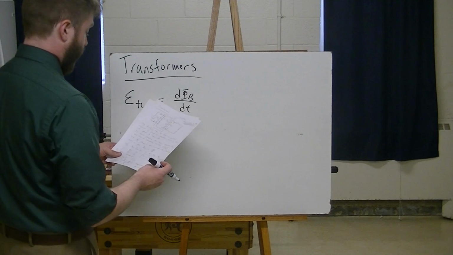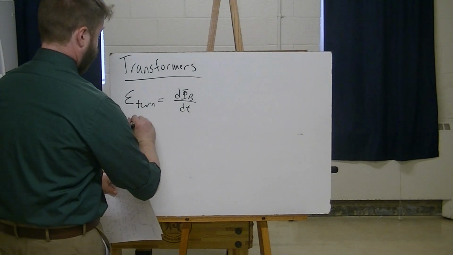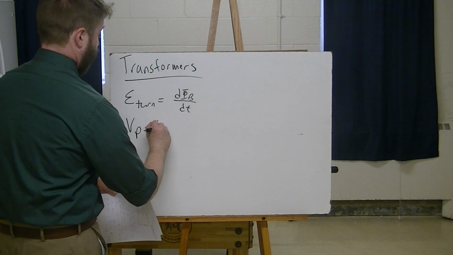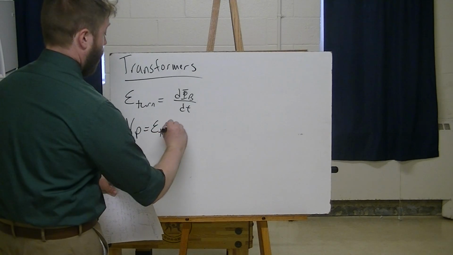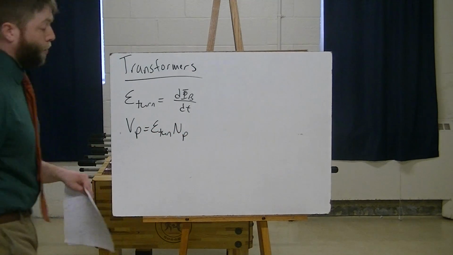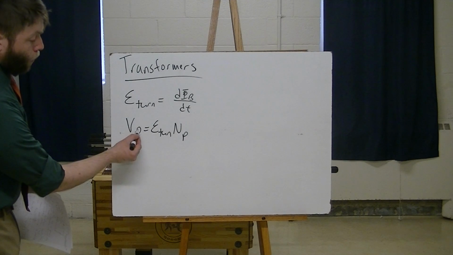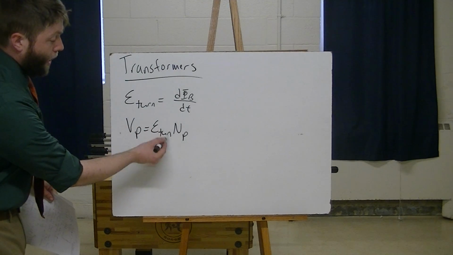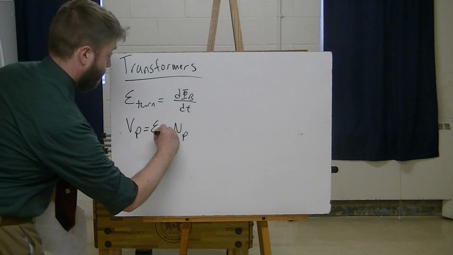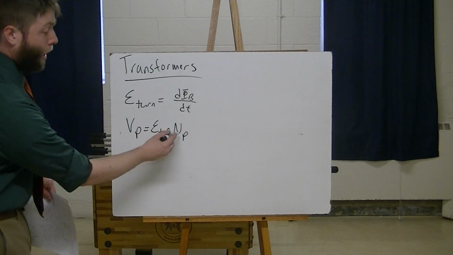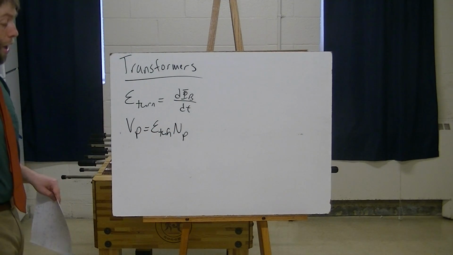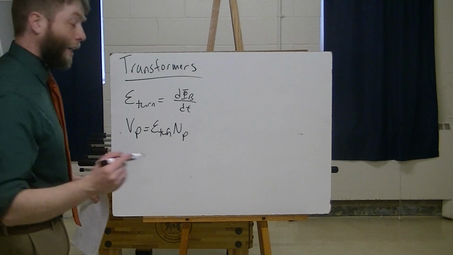The voltage in the primary wire is equal to the EMF per turn multiplied by the number of turns. So this is V primary, this is the EMF per turn, and that's the number of turns of the primary wire. We do the same thing for the secondary wire.